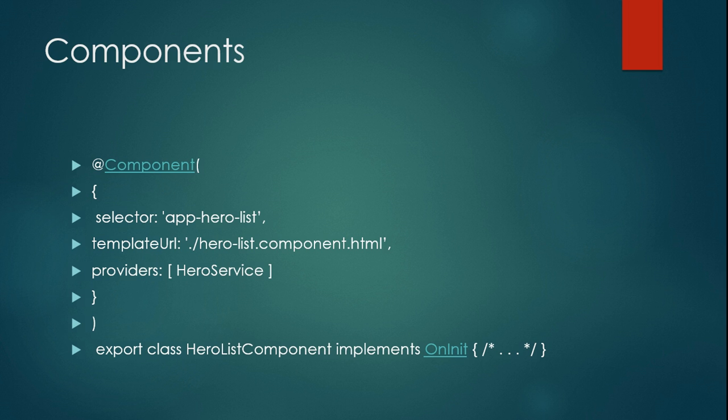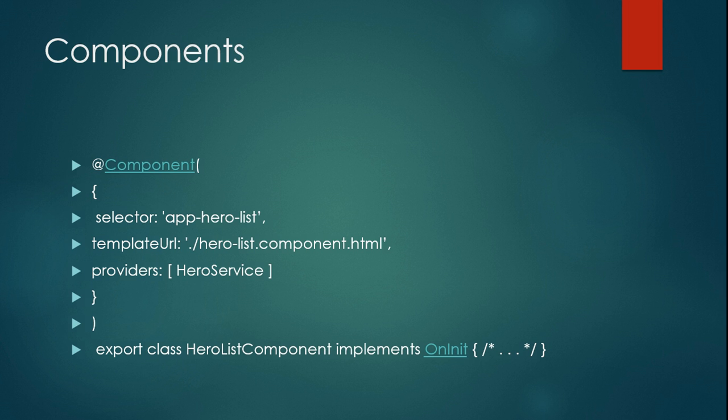That HTML has a set of DOM elements, and that HTML instance is associated with this hero list component. So this class is associated with one template, and that template has a set of div elements. Those elements are controlled by this component.